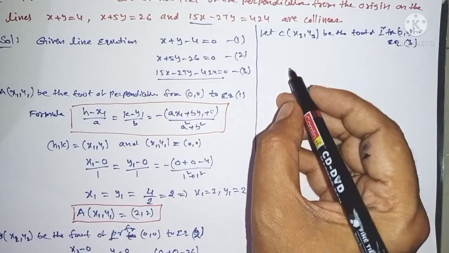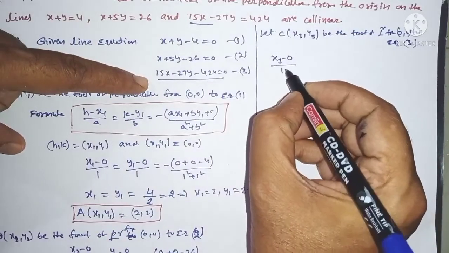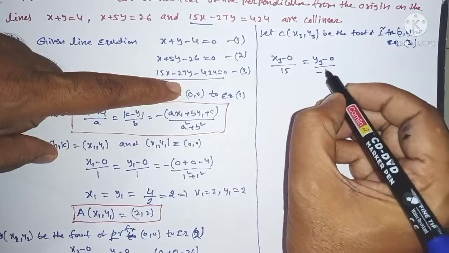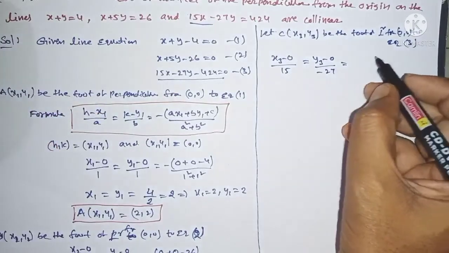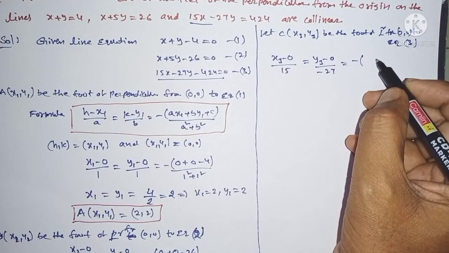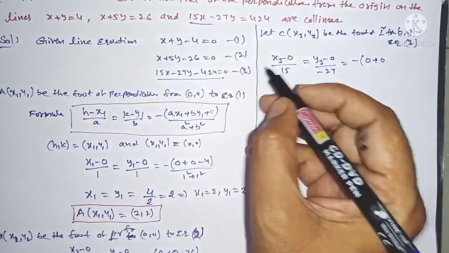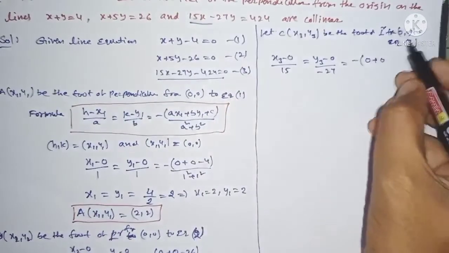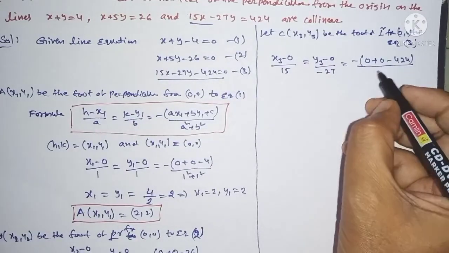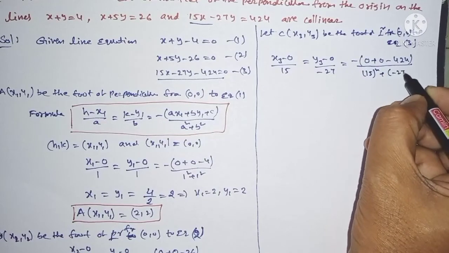Therefore, what is the formula here also? x3 minus 0 by 15 is equal to y3 minus 0 by minus 27 is equal to, you can write here, minus of ax1, which means 0, and x3, 0 0 0 0 both, minus 424 by 15 whole square plus minus 27 whole square.